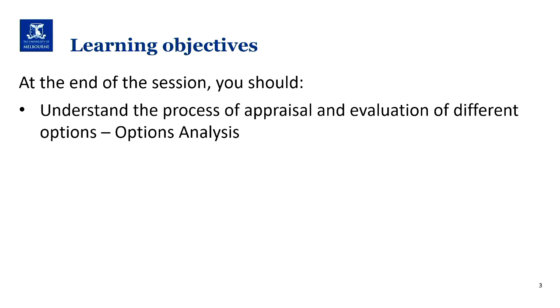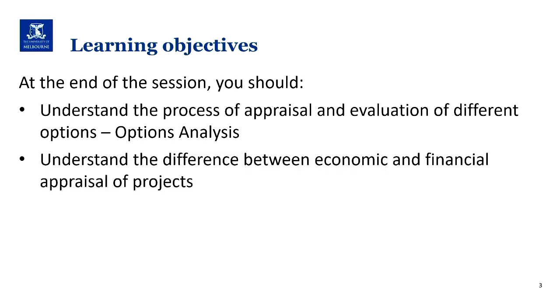This is also sometimes called option analysis. In the Green Book, they call it the appraisal process. Here we are going to call it option analysis, but just think that it is a similar process that you have to follow, and we are going to talk about this.